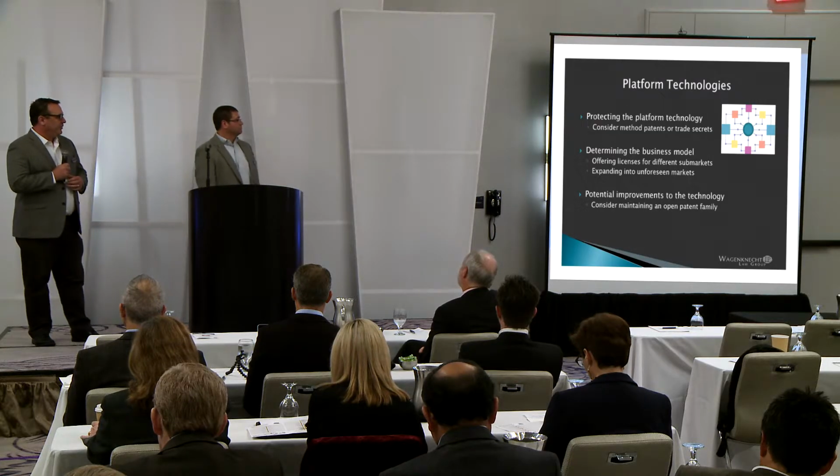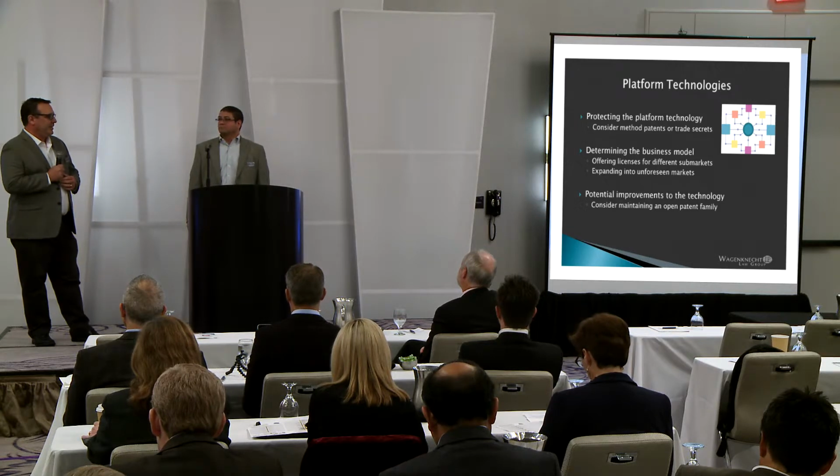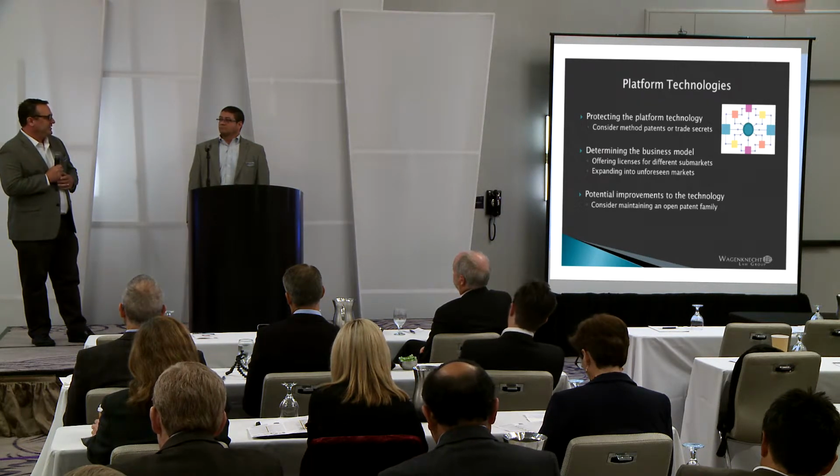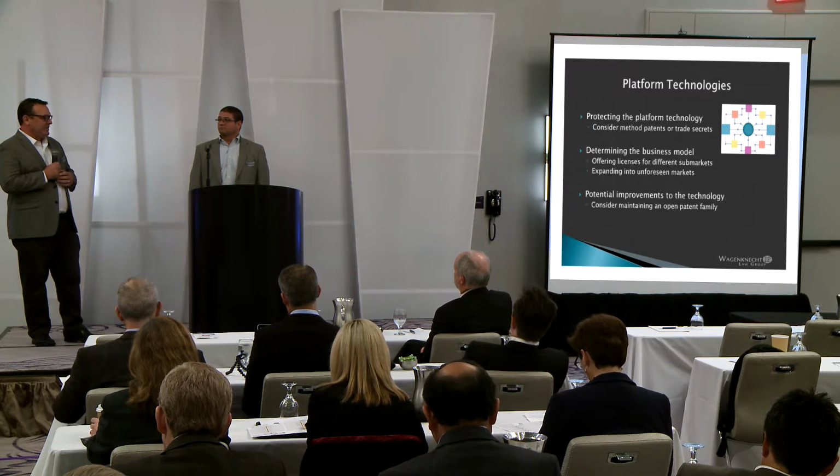When folks are licensing inventions, they tend to like to license the entire patent and don't necessarily want to license a claim from a larger patent. So it's nice, if you're going to go to licensing, to be able to license the entire patent. That works into your business model of how you want to pursue these platform technologies.